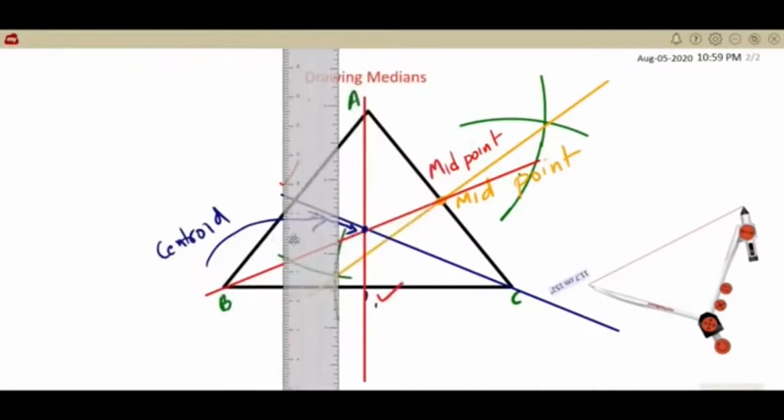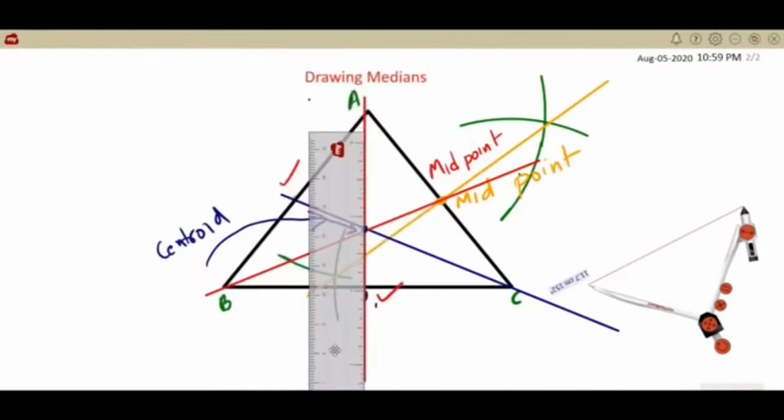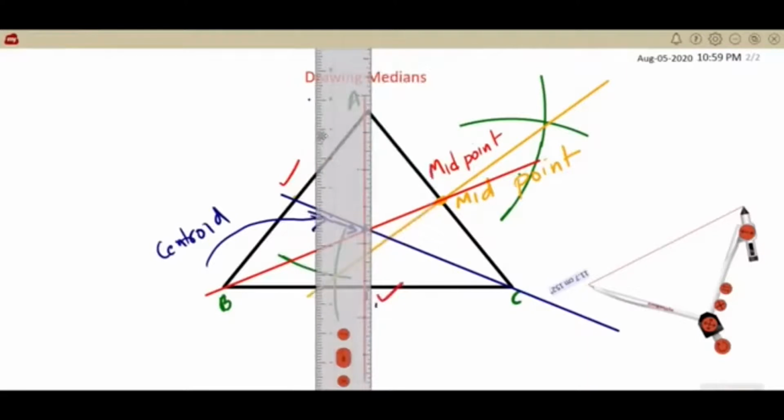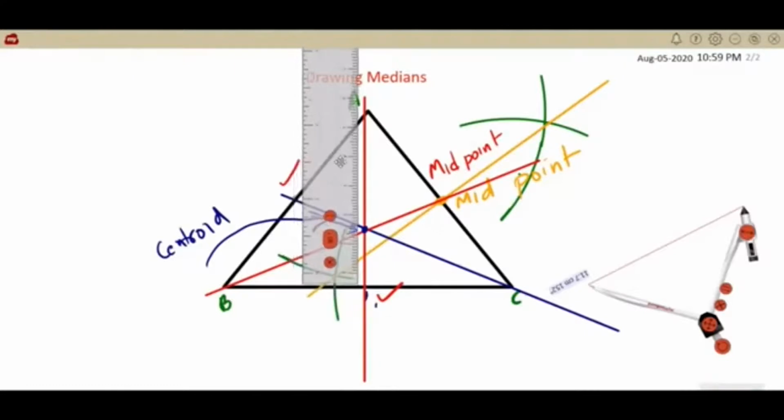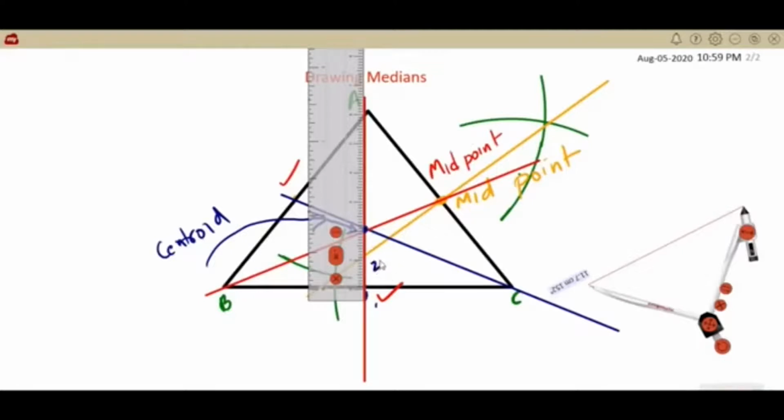Another interesting thing: if you measure the length of this line segment, I have not drawn it accurately, but even then, if you measure it, you can see that almost up to the centroid it is 2 centimeters, and the top part is 6 centimeters. That means 2 and 4, 2 units.